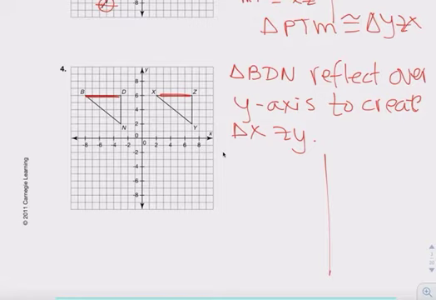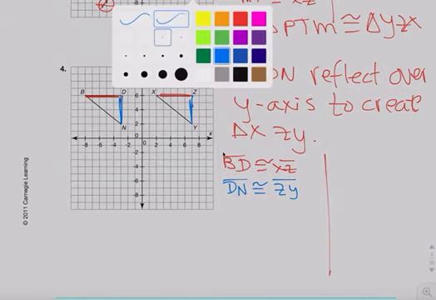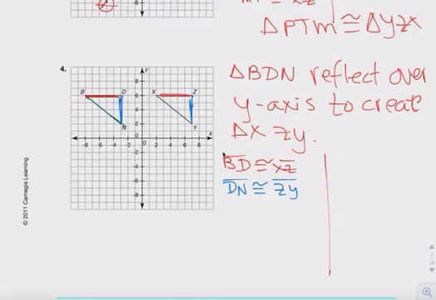These are corresponding sides right there. Line segment BD is congruent to line segment XZ. Line segment DN is congruent to line segment ZY. And the last one, BN, I mean, is congruent to line segment XY.